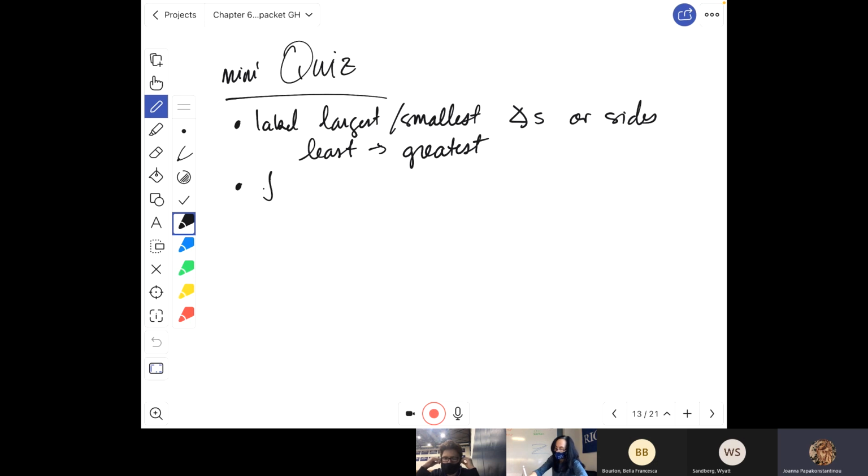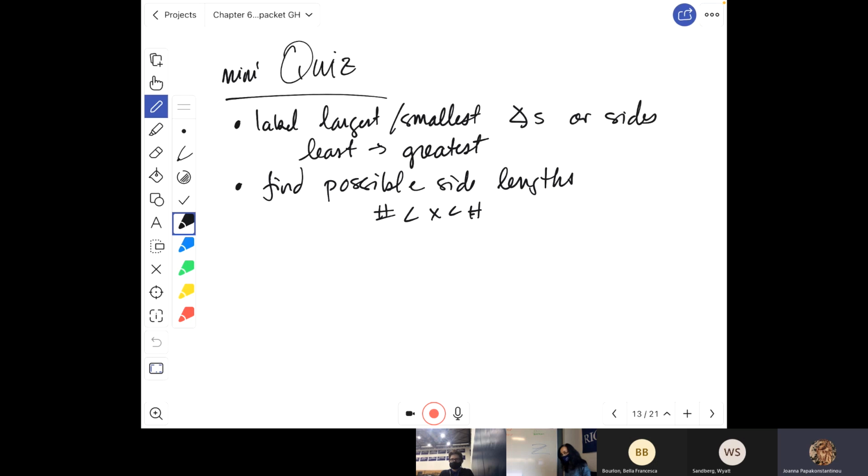Other things that we did was find possible side lengths, remember? After we set up our little extended inequality, we could look at possible lengths of triangles. Given 2, what would the third one possibly be? Because we know that the sum of 2 sides has to be greater than the third side. So we have to keep that in mind.